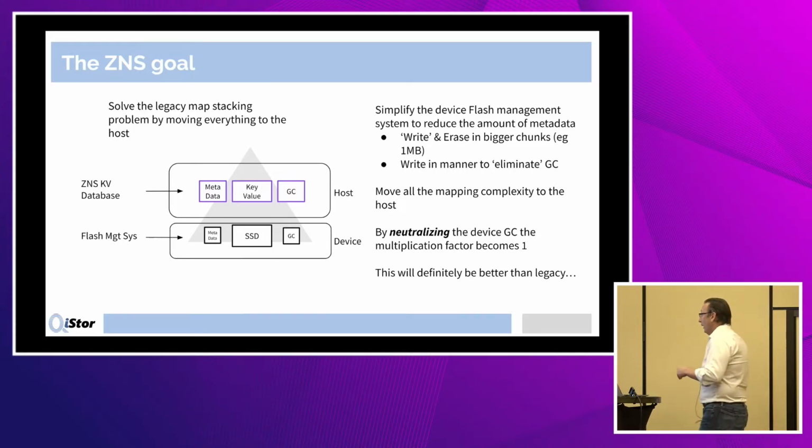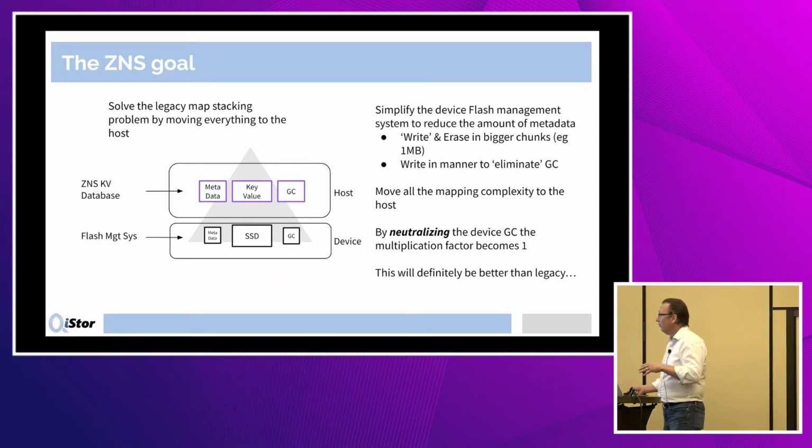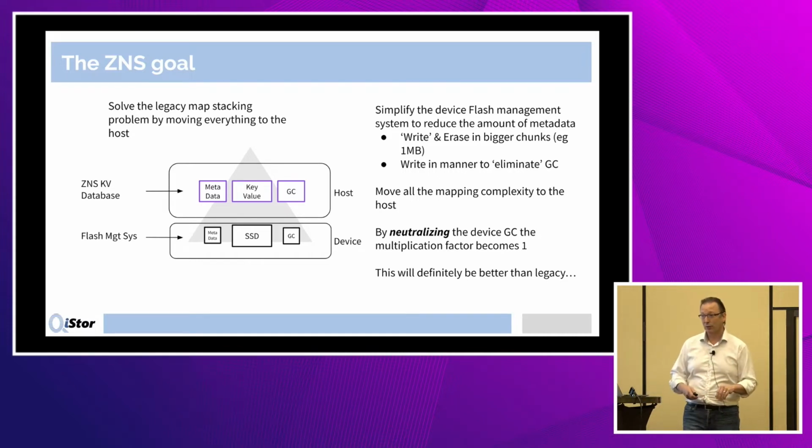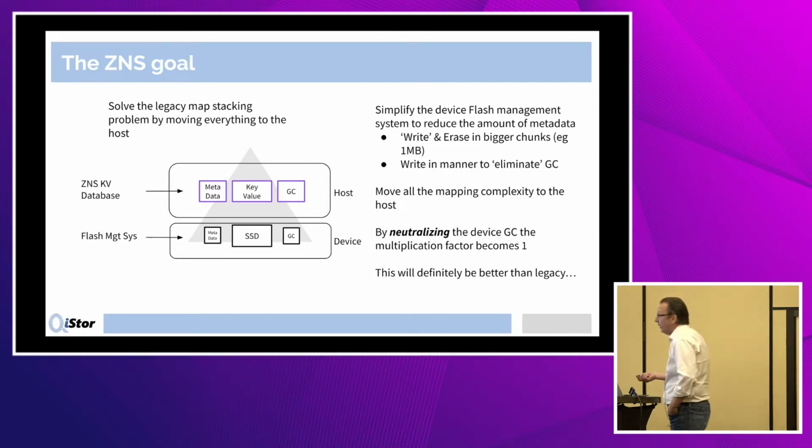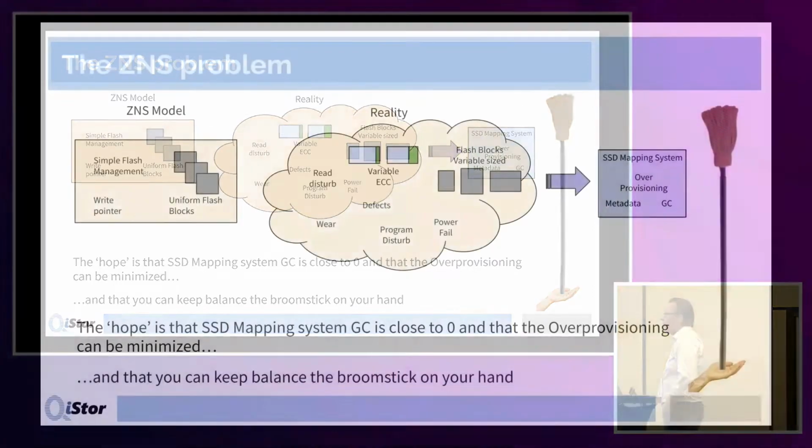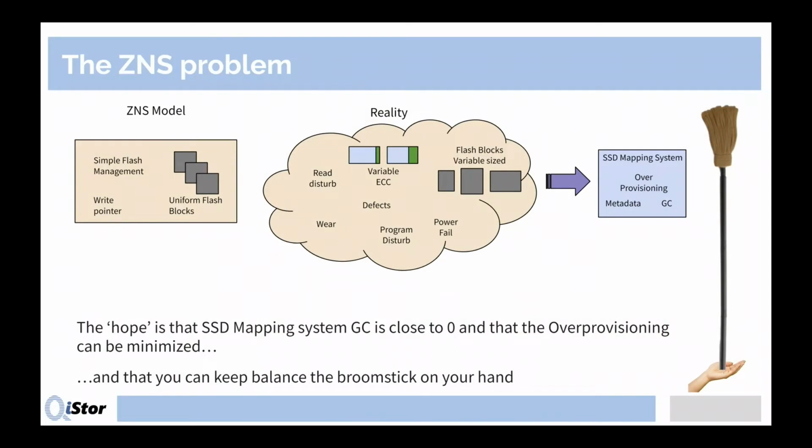And the idea is, by doing these very large writes and very large arrays, we'll kind of neutralize the device GC. We'll pretend it doesn't exist. And we'll do that by doing these very big writes and very big arrays. We'll make the garbage collection trivial on the device. And that's the idea. And again, I think it's better than the legacy solution. But there's an issue with this.